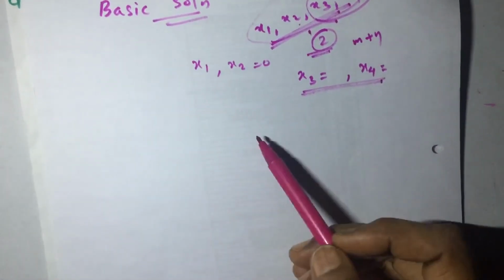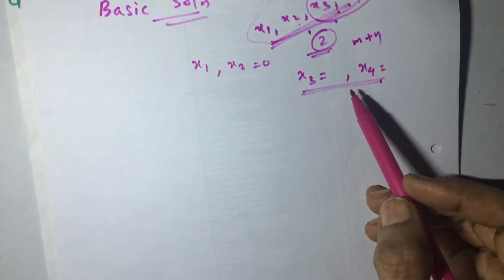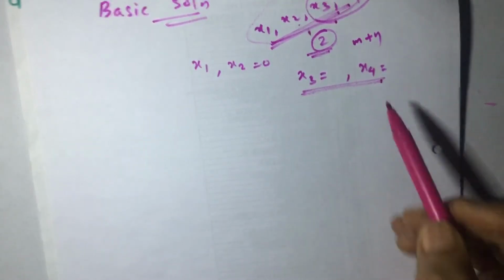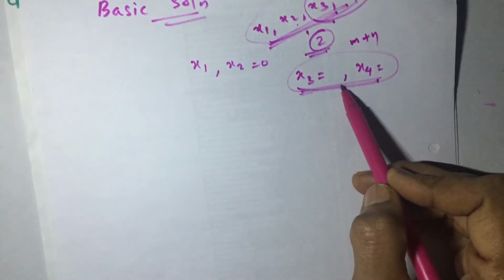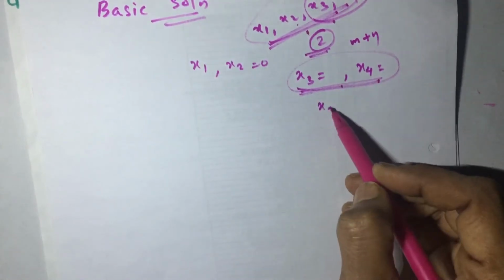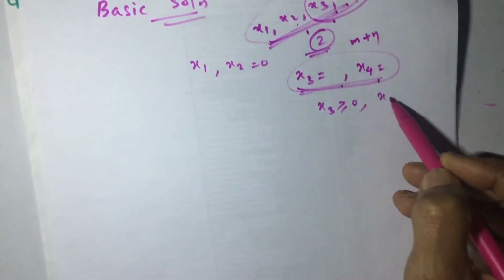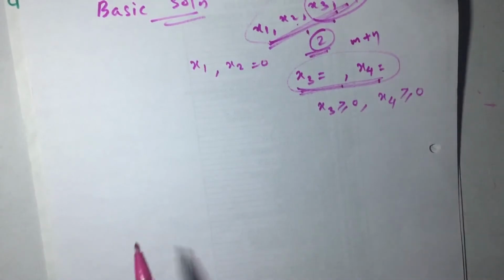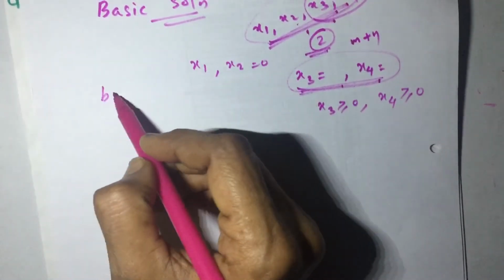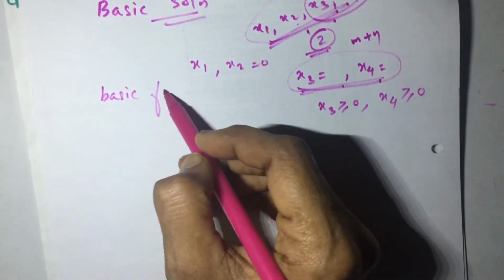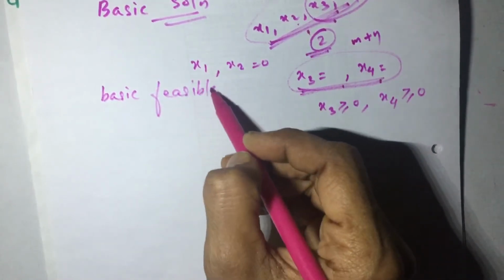Now if this basic solution satisfies the non-negativity restrictions, meaning the values I am getting are greater than or equal to 0, then you call it a basic feasible solution.